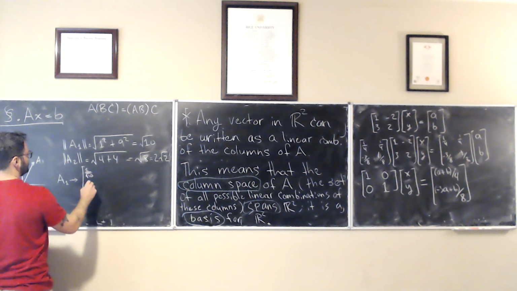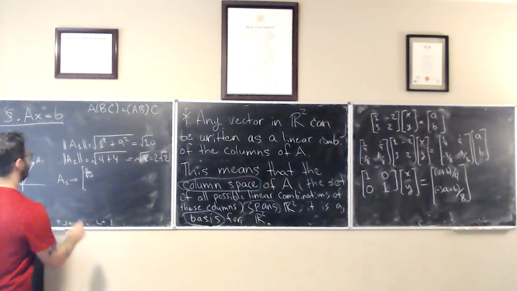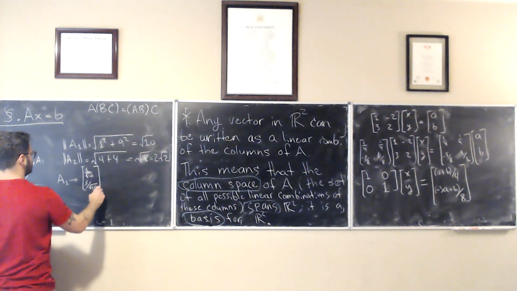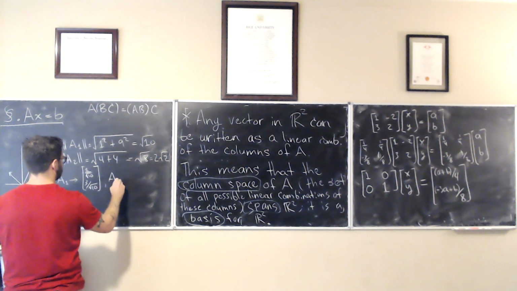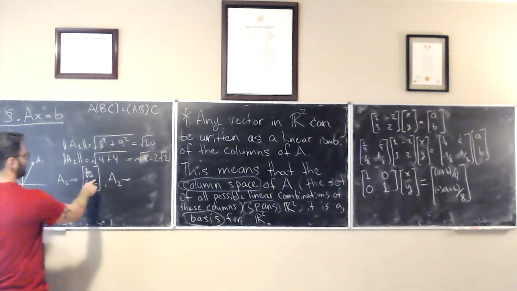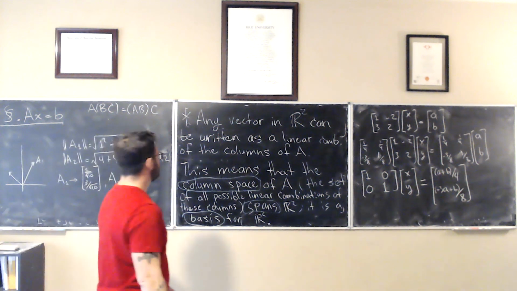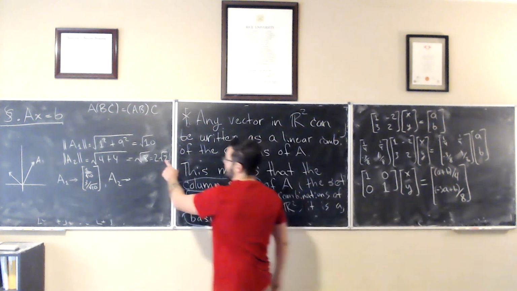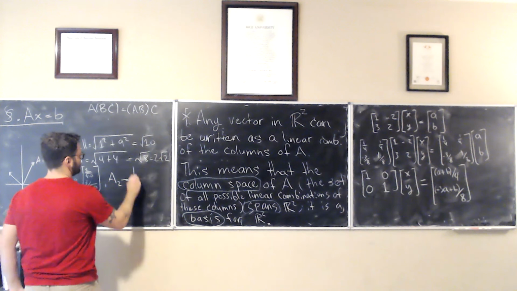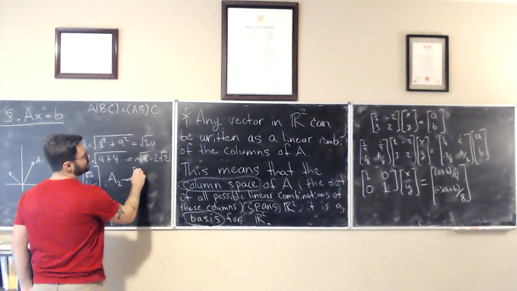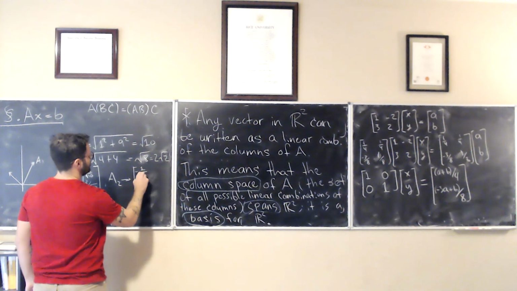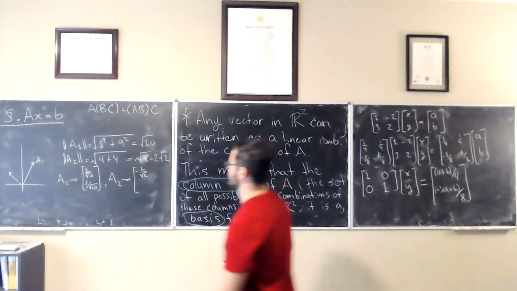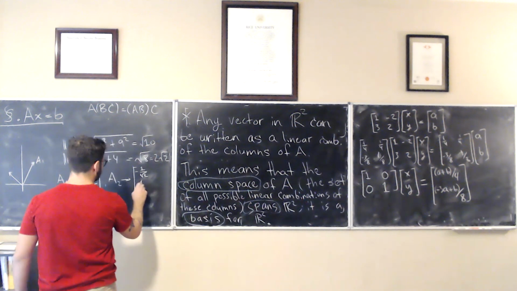I'm doing this out of curiosity, by the way. So that's the normalized version of A1. And then minus 2 divided by 2 root 2, that is going to be minus 1 over root 2, and then 1 over root 2.